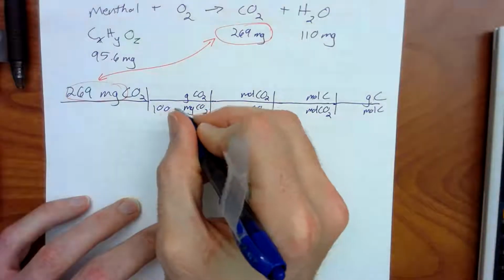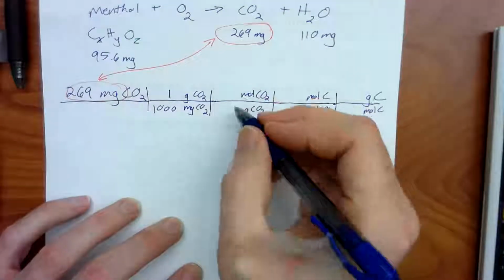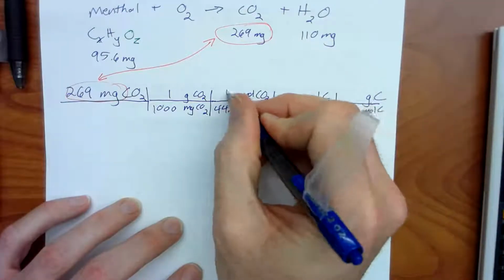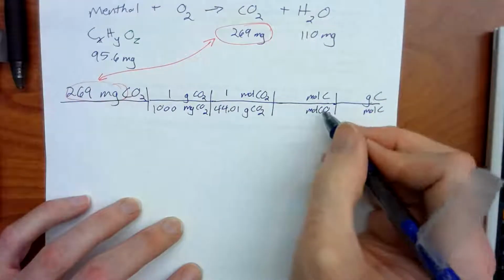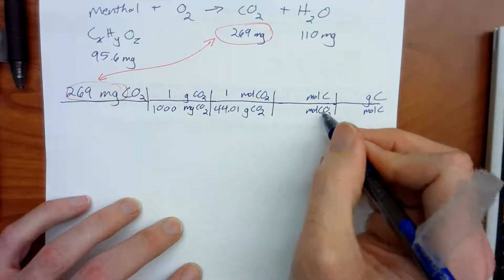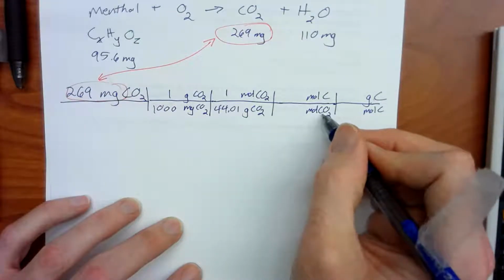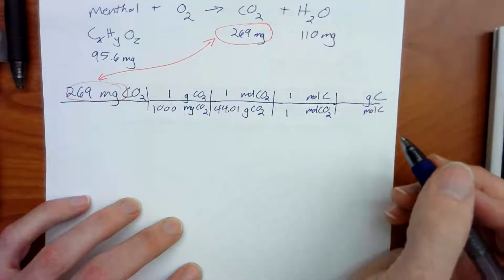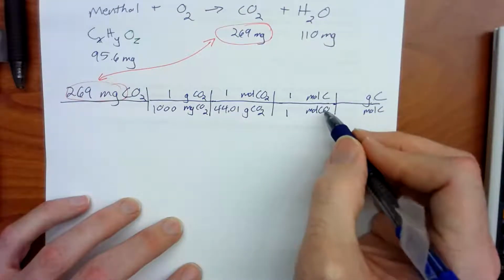There's 1,000 milligrams in 1 gram, and there are 44.01 grams in 1 mole. And there is only 1 carbon in CO2, because the subscript of carbon is 1. So it's a 1-to-1 mole ratio. There's 1 mole of carbon to 1 mole of CO2.